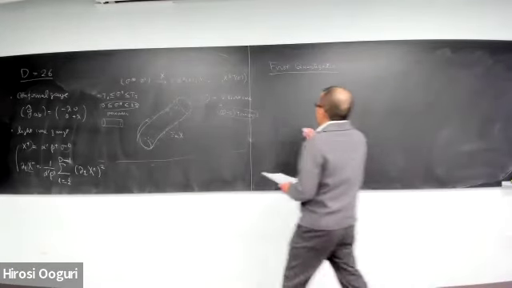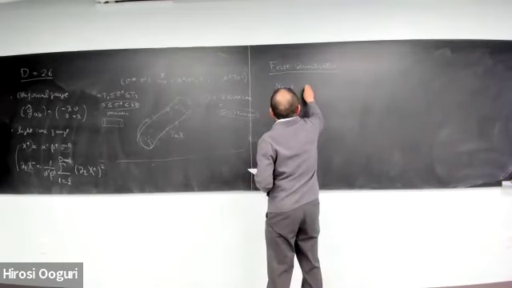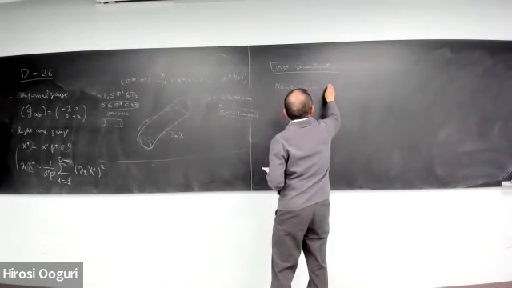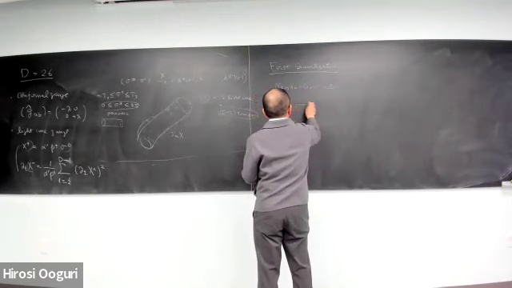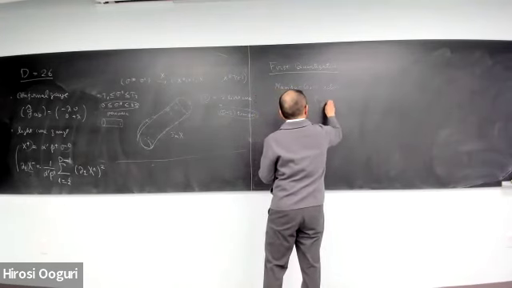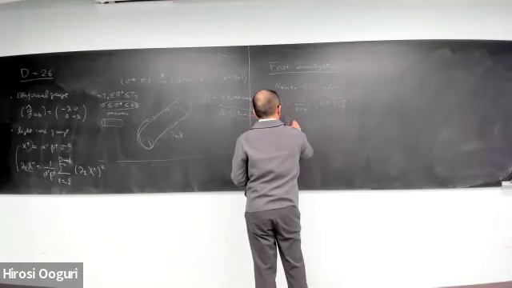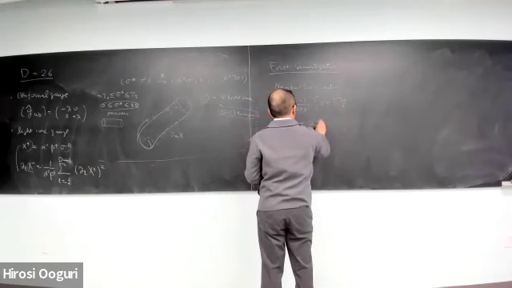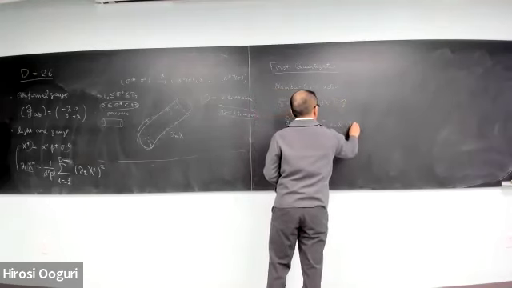So let me start with the Nambu-Goto action first. I started out with this action, where G hat is del_a X^mu del_b X^nu eta_mu nu.